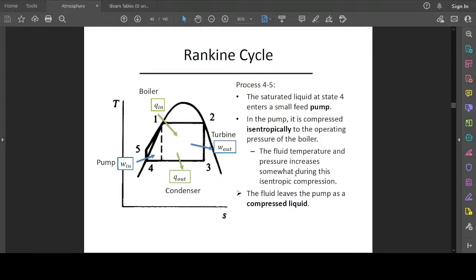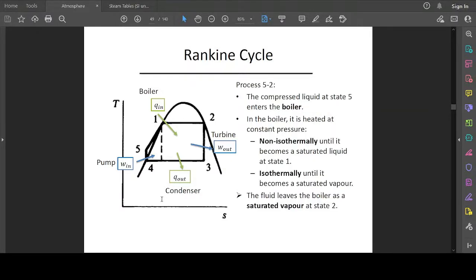So the saturated liquid at stage 4 enters a small feed pump, and it is compressed isentropically. So the pump from point 4 to point 5 has a similar value for entropy. The fluid temperature and pressure increase somewhat during this isentropic compression, and the fluid leaves the pump as a compressed liquid.